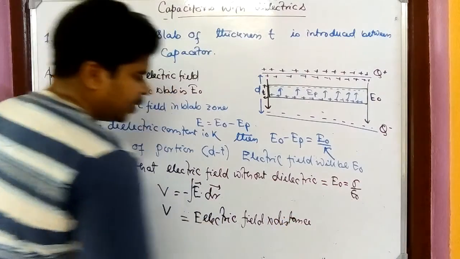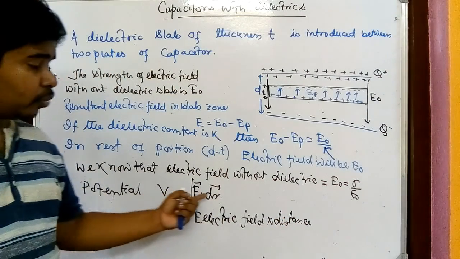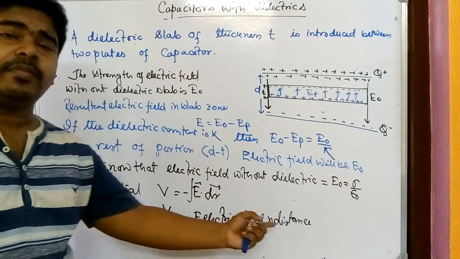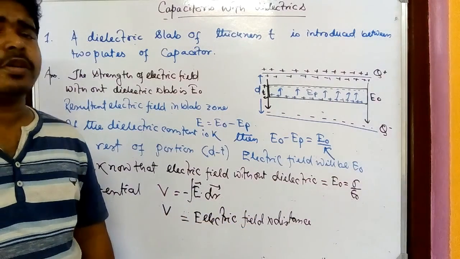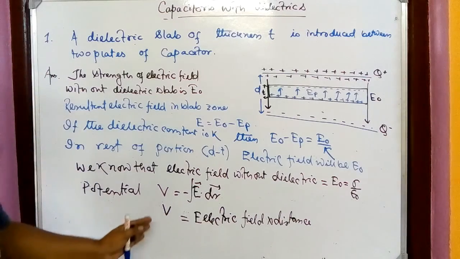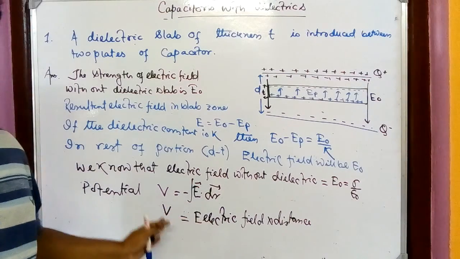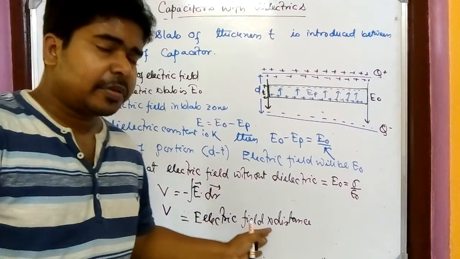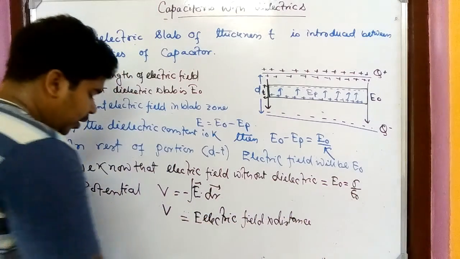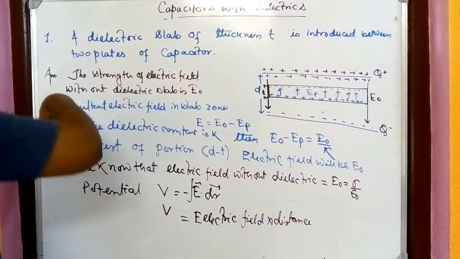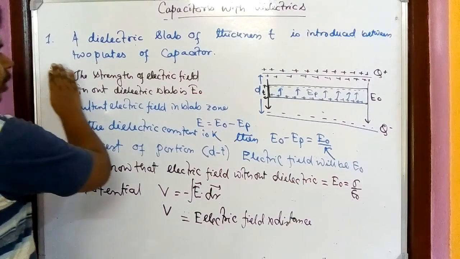It is an easy method; if you do it by the integration calculation it will also come, but we have written the result directly, otherwise you have to do extra work. So you have to remember that the potential V equals electric field into distance. We'll go for the next part.